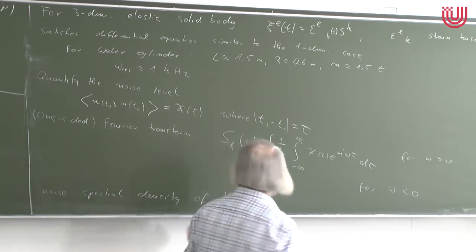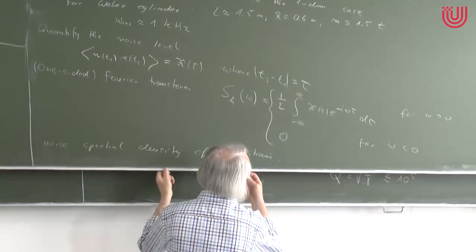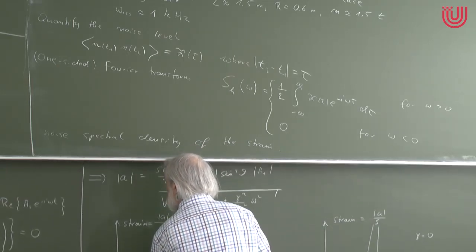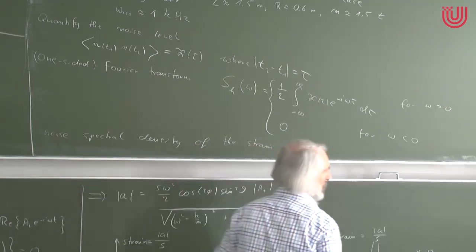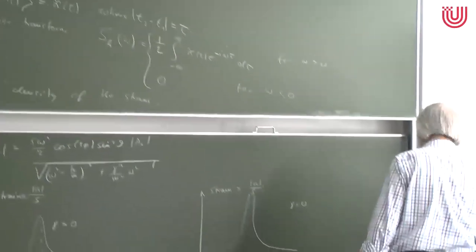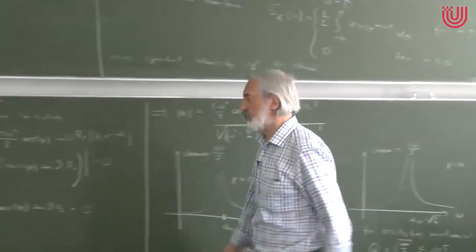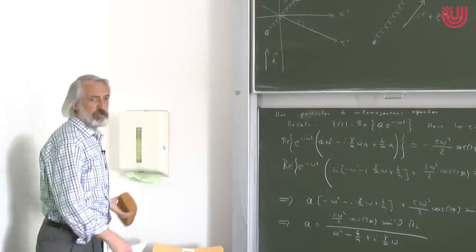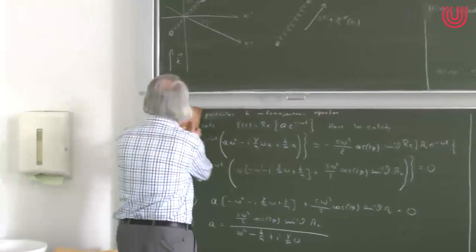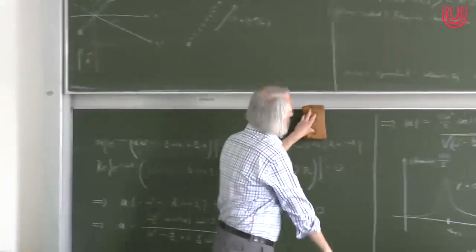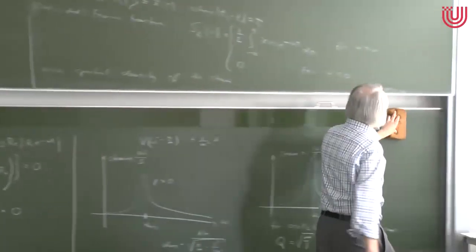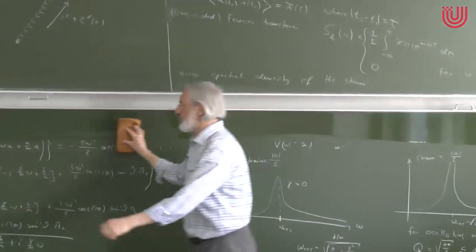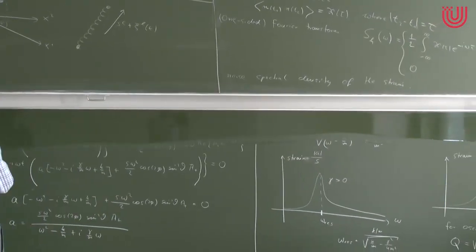So what one usually plots is, for some reason, not the SH, but rather the root of SH. And this is the root of a time, which is 1 over the root of a frequency. That's this funny unit, 1 over the root of hertz. So whenever you see the sensitivity of a gravitational wave detector, or also other kinds of detectors, plotted, you see on the vertical axis this funny unit, 1 over root of hertz.